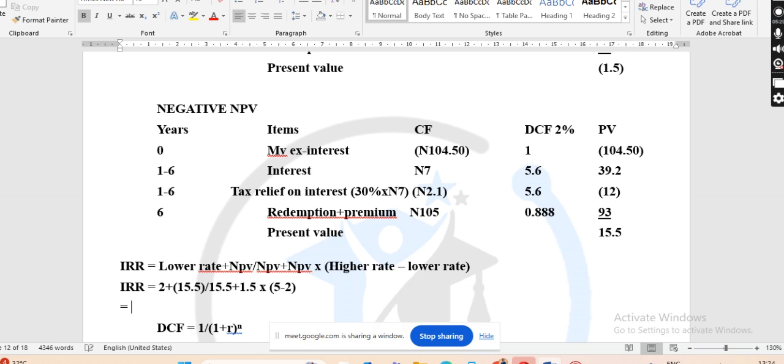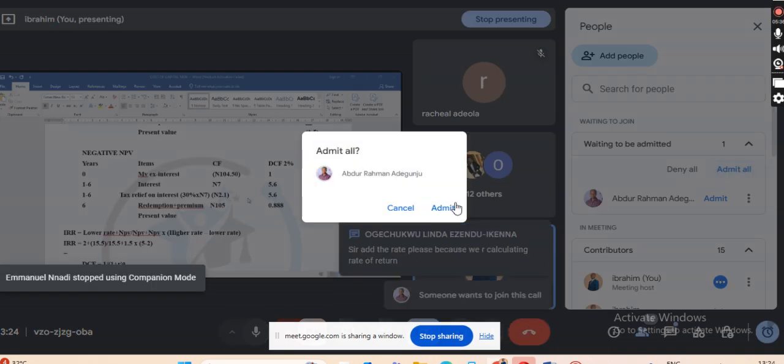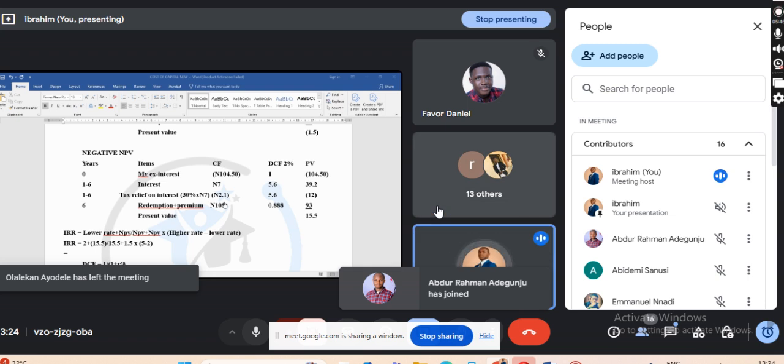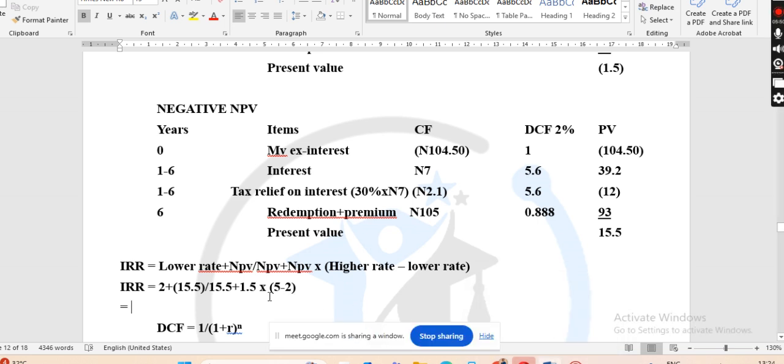Class, what is the cost of redeemable debt? 10.8. Don't forget the rates. Forget the percentage, don't worry.